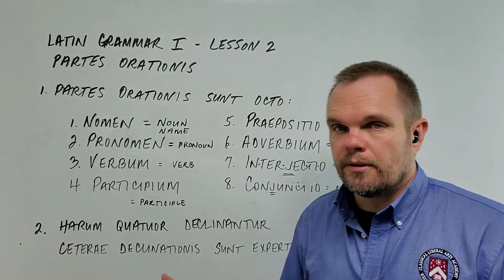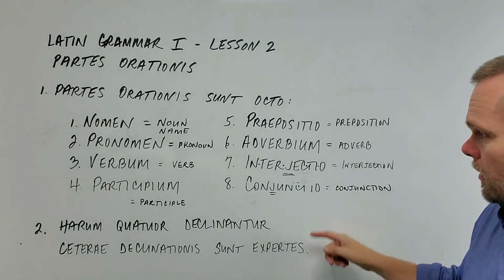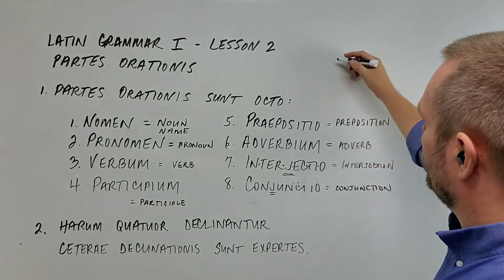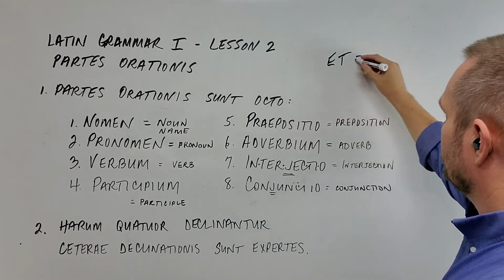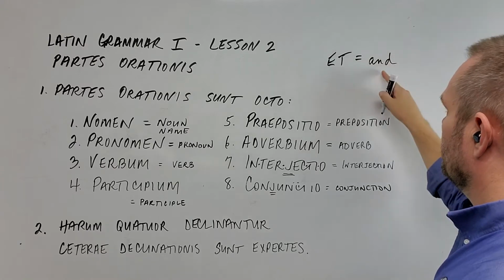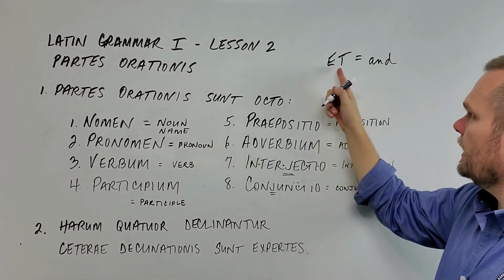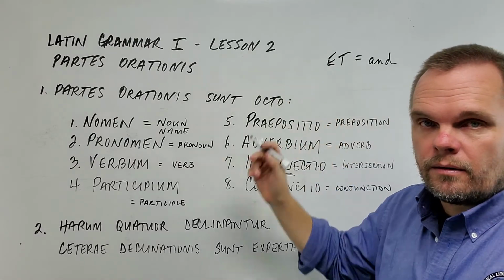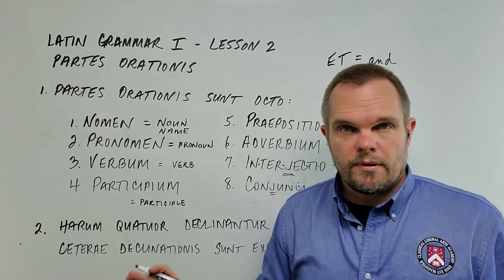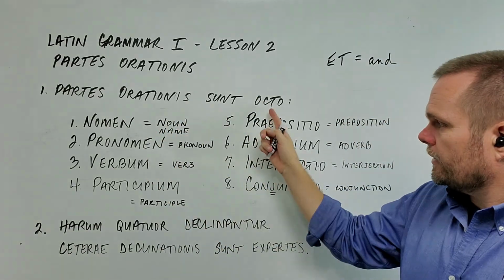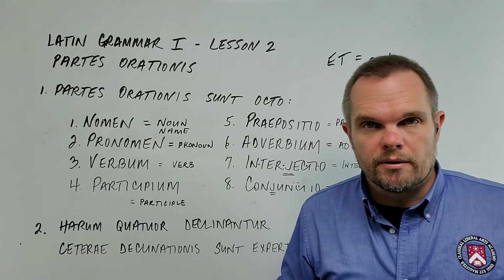I'll give you a simple example. Conjunction. We saw in lesson 1 the word et. The word et in English means and. When you learn the conjunction et in Latin, there's only one form. There's no other forms. It's just one word. And so these 4 parts of speech are really just simple vocabulary studies.